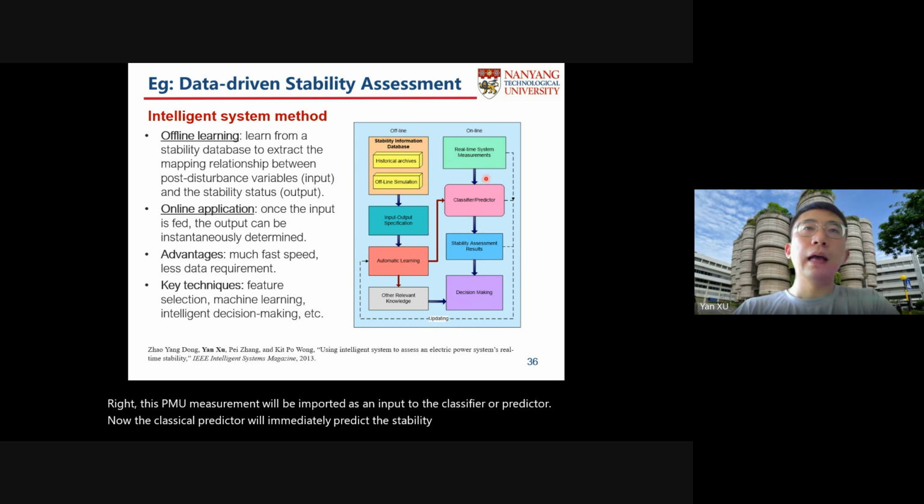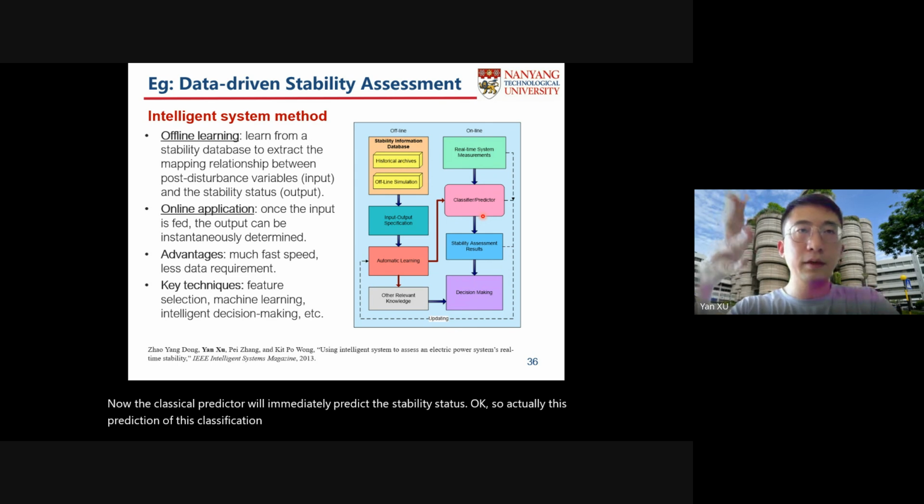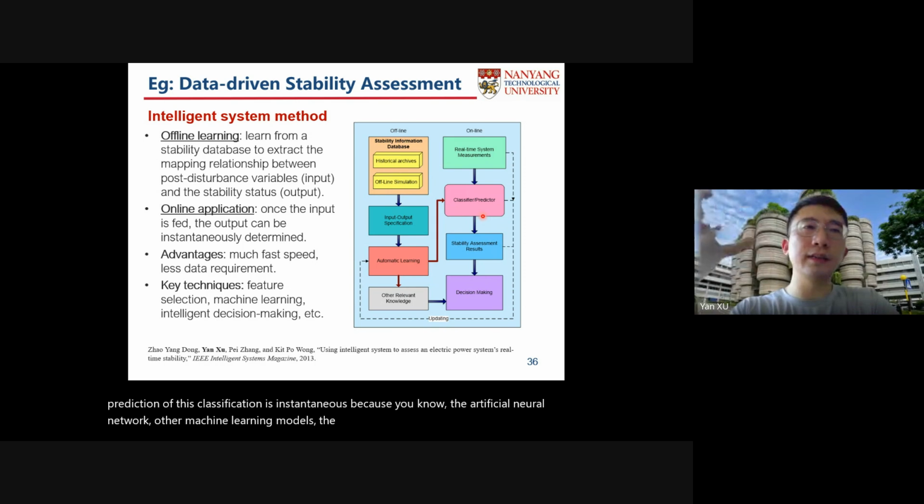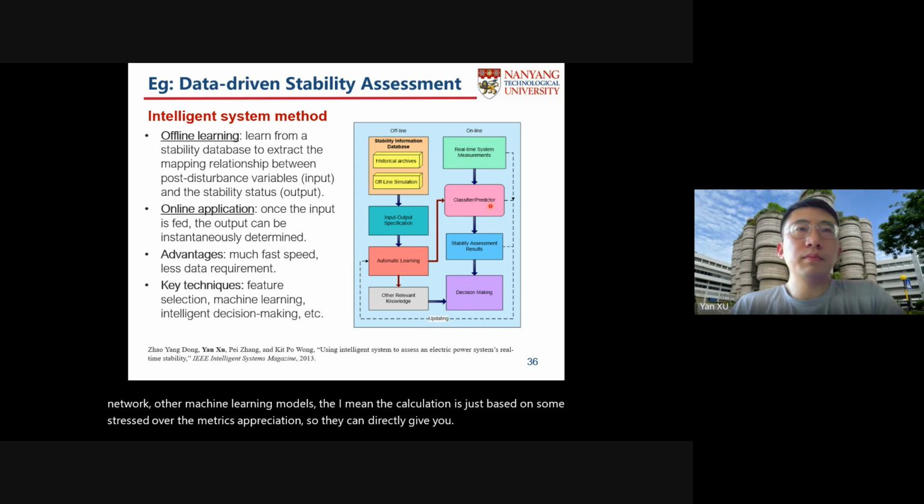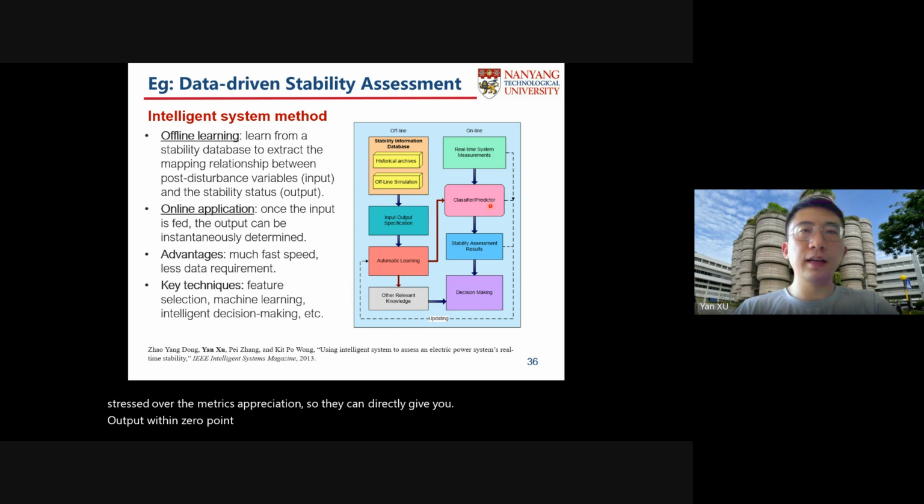Actually, this prediction or classification is instantaneous, because for the artificial neural network and other machine learning models, the calculation is just based on straightforward matrix operations. So they can directly give you an output within 0.1 second, very, very fast. And based on the stability assessment result, we can do the control, either preventive control or corrective control.